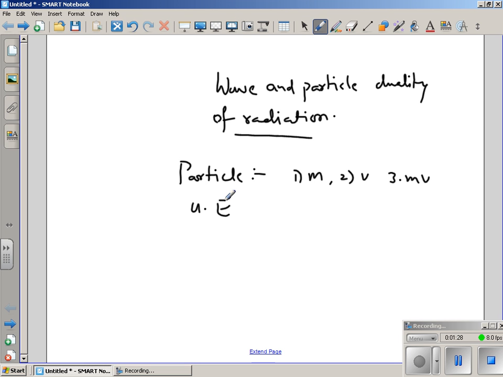It is specified by its frequency, by its wavelength and by its amplitude.